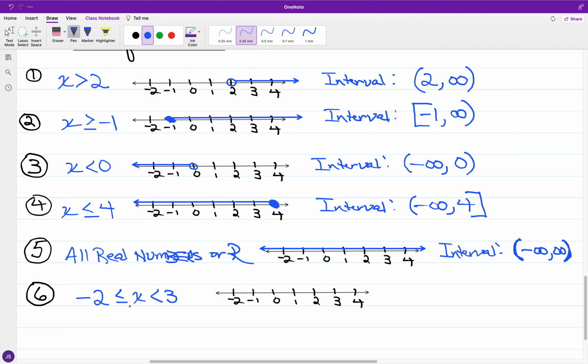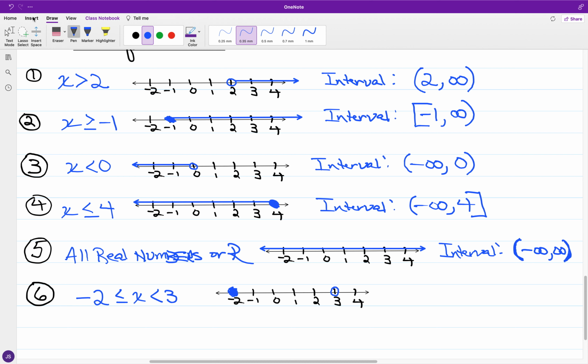So negative 2 is less than or equal to x signals that you're going to have a closed point on negative 2, and for x is less than 3, anything inequality-wise that does not have the equal sign signals an indicator of exclusion, such as an open circle in the graph. And for the values of x, you have between negative 2 included and 3 not quite included.